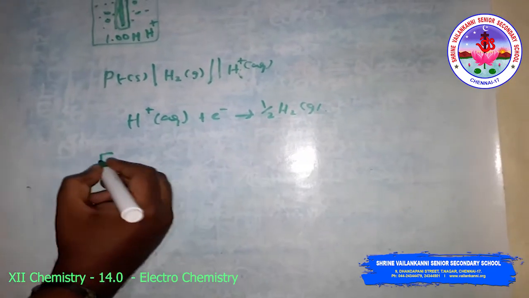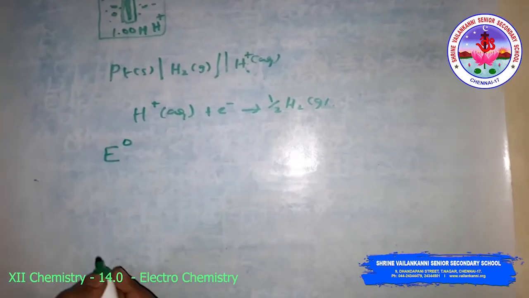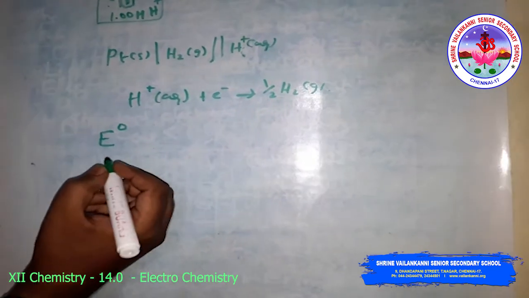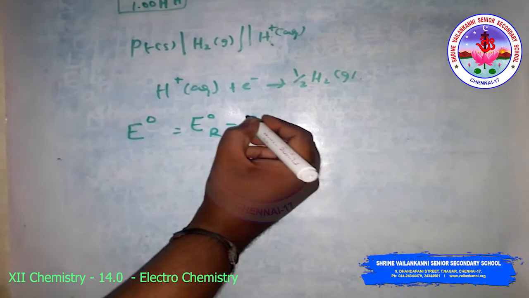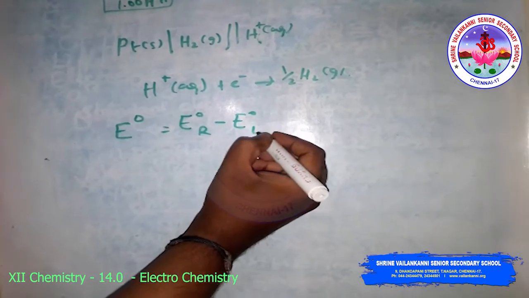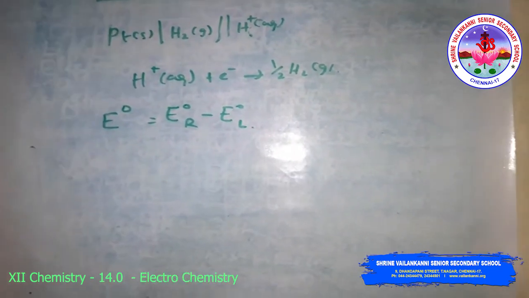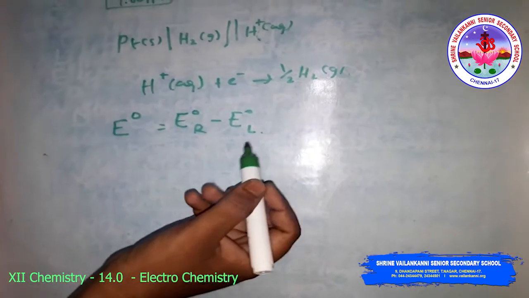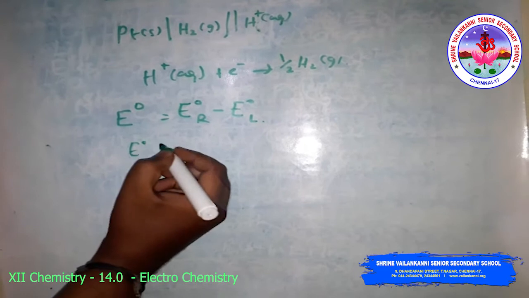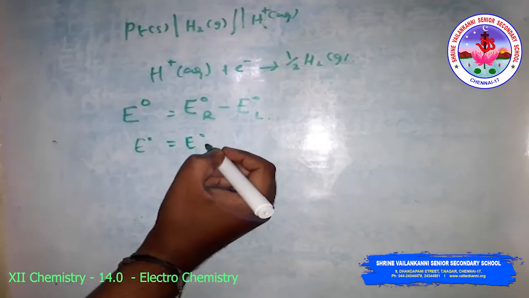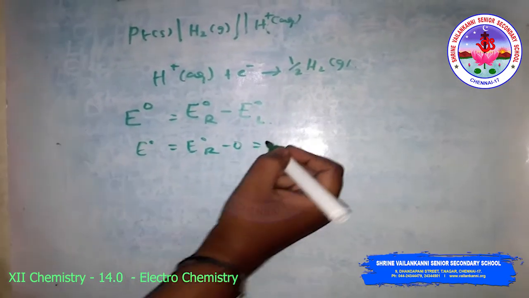We can write E naught cell equals E naught right minus E naught left. For the standard hydrogen electrode on the left, E naught is 0, so E naught cell is equal to E naught right minus 0.